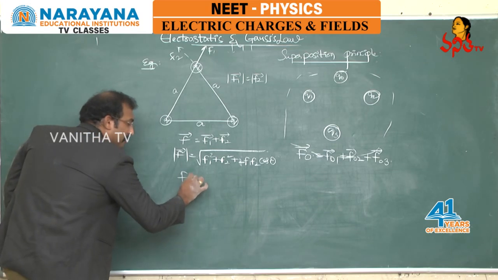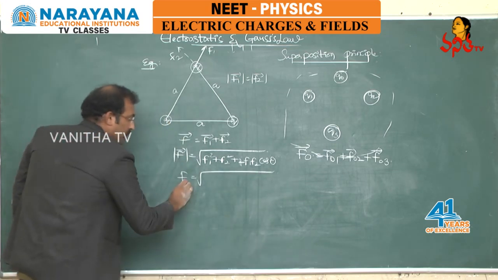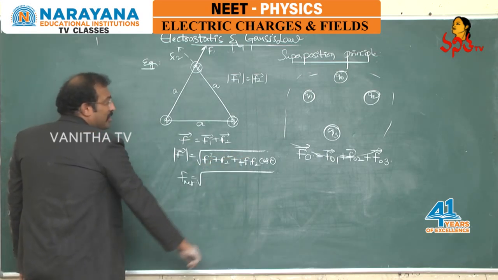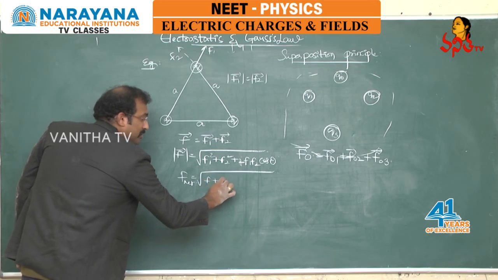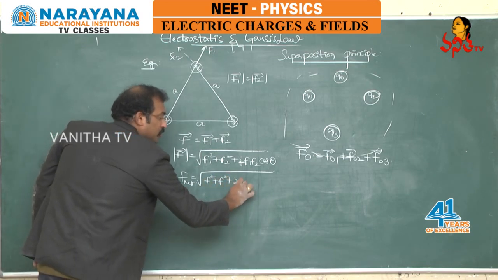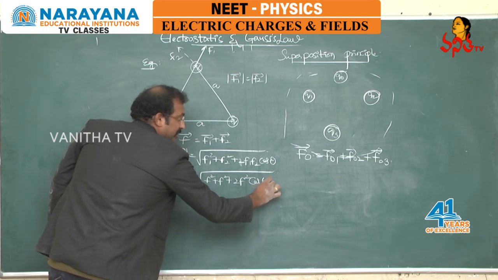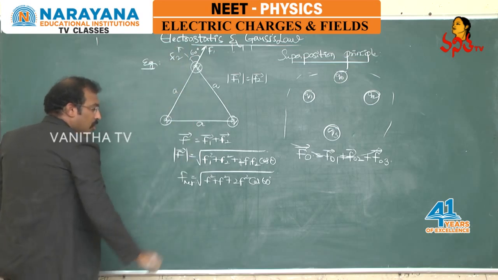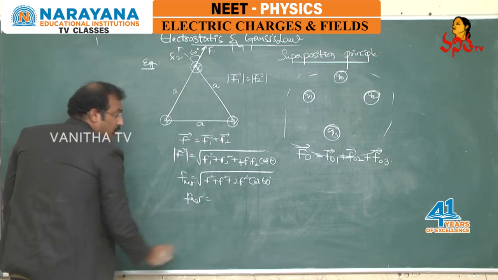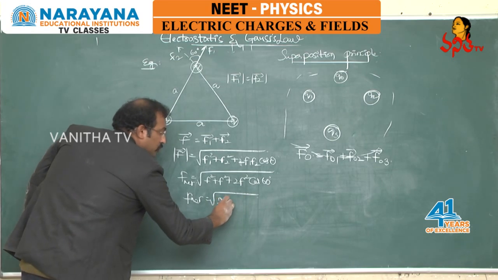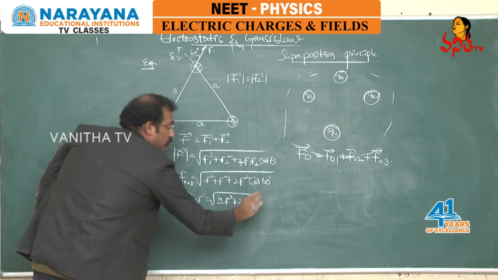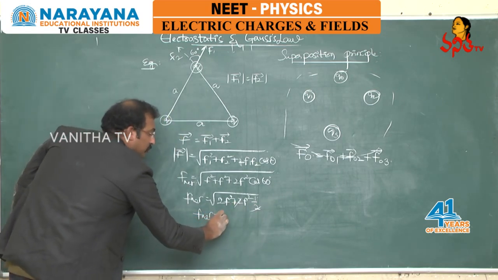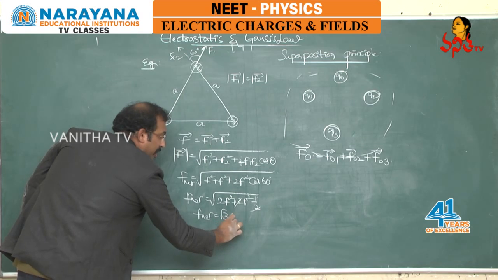Now F net is root of F1 and F2 are equal, so I can write this as root of F square plus F square plus 2 F square cos 60, because it is an equilateral triangle and the angle between the two forces is 60 degrees. So F net is equal to root of 2F square plus 2F square into 1 by 2. So totally F net is equal to root 3 F.